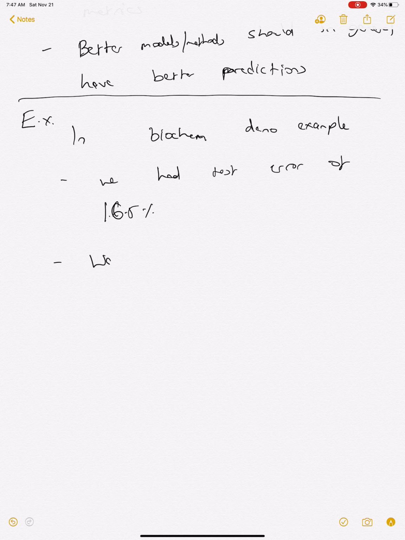But we will usually have many different methods that we compare.